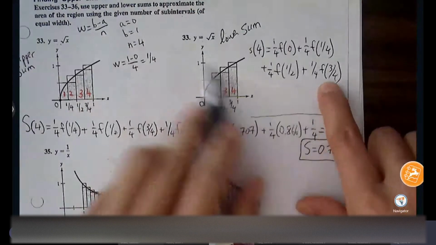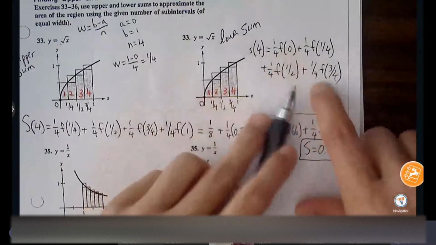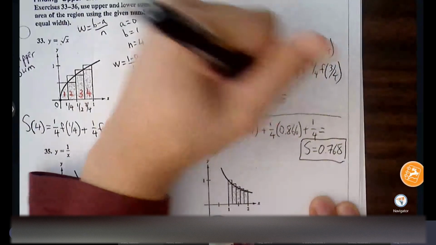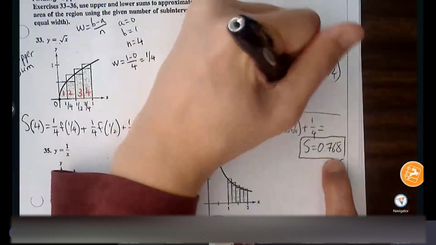Okay. Evaluate each height using square root of x, and then total the areas together, and we get, under approximation, we should get a smaller number than this, right? And we're going to get 0.518.